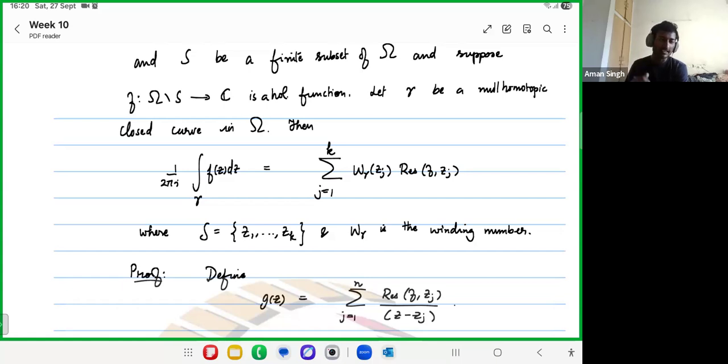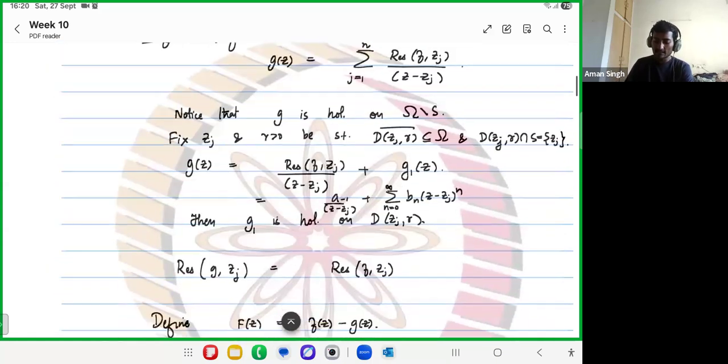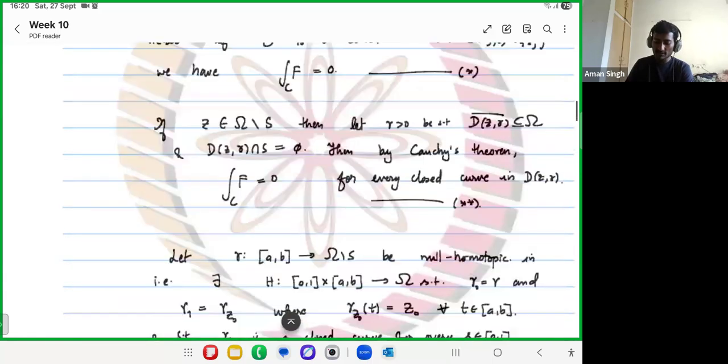Just like the general Cauchy formula. If you remember the general Cauchy formula, if the curve is going around your points only once, the integral is like the basic formula, the first formula which we have seen. But this winding number comes because the curve may be going around your points two times. So that's the point here, and we are not going to see the proof of this.